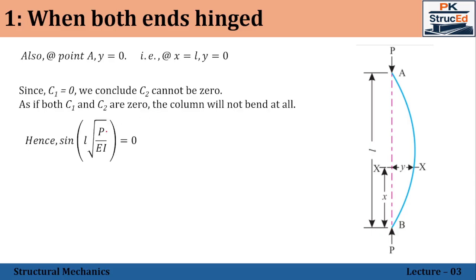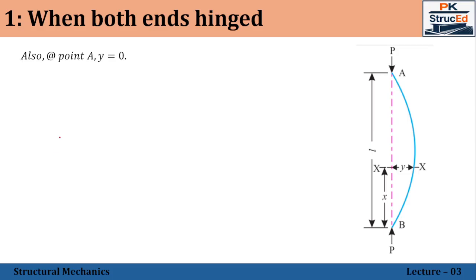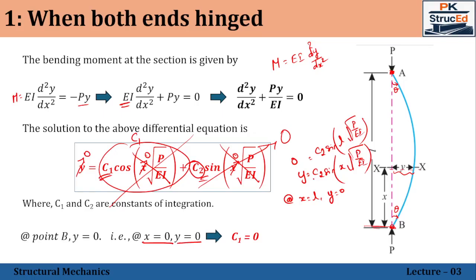Okay, so now we have sine L into root over P by EI, which will be equal to 0. But now we can see that the C2 will be there, right? Again, I'll go back to the same thing. We have 0 is equal to C2 into sine L into root over P by EI. So this C2 should be equal to 0, or sine of this component should be equal to 0.